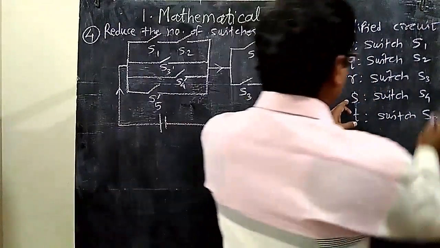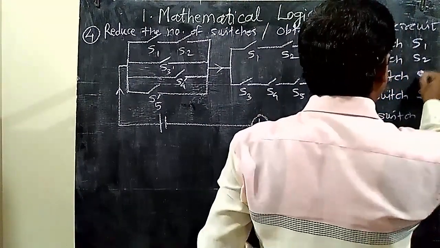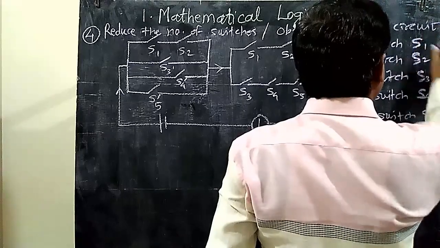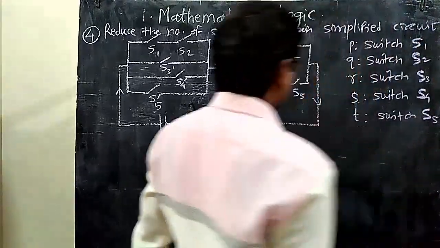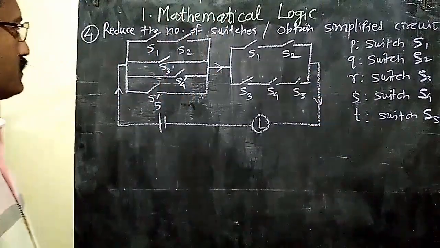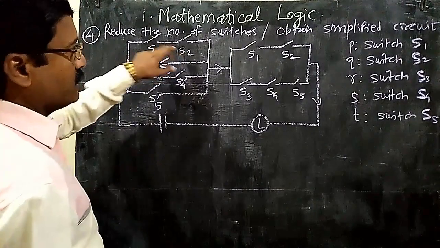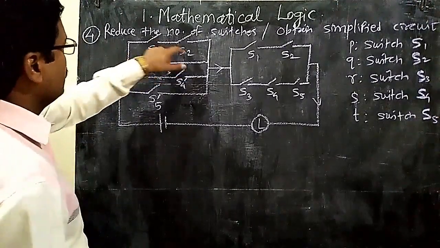The switches are written in capital letters, but statements or symbols are in small letters. So by observation we can see that S1 and S2 are in series, so P and Q have conjunction.